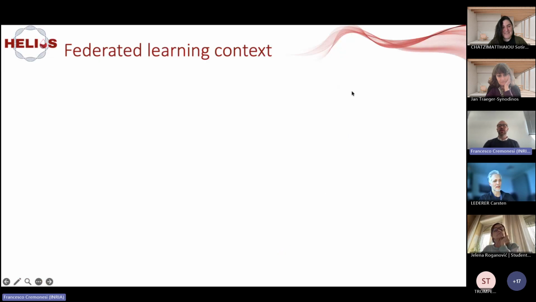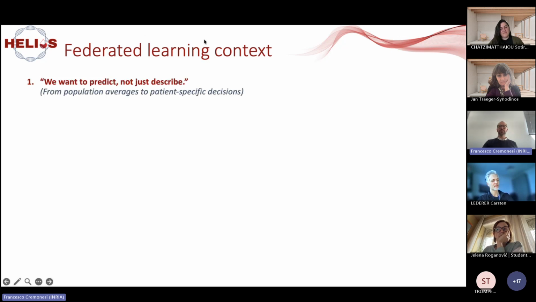To give you a little bit of the context for federated learning, the first thing that we need to place on the map is the fact that we want to move from classical statistics, population level statistics, to what we sometimes call precision medicine, personalized medicine.